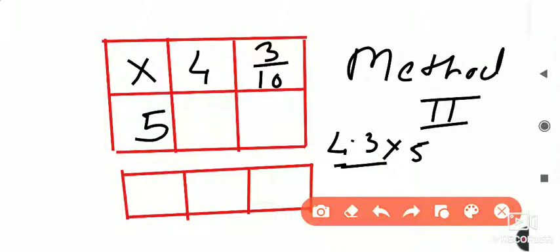Now we have to do the multiplication of both. As you know, 4 5s are 20. This multiplication we write here, 20.